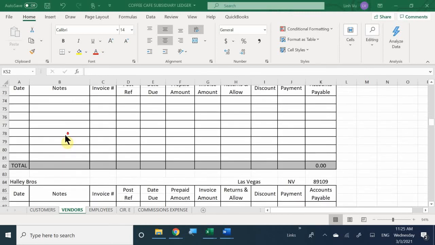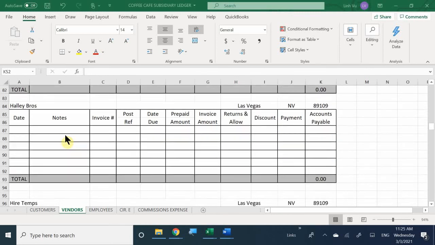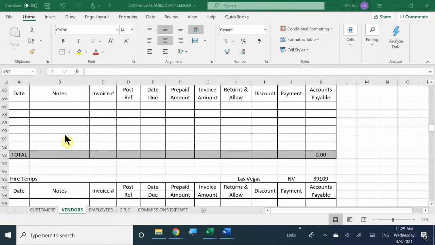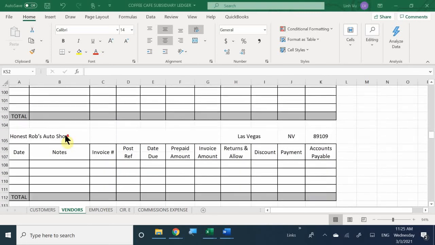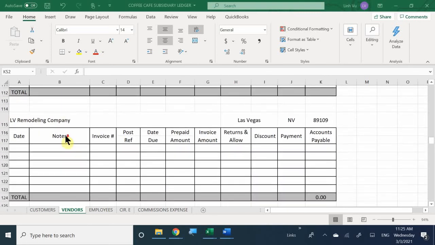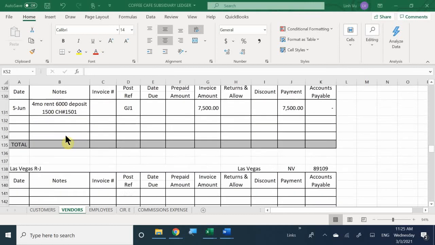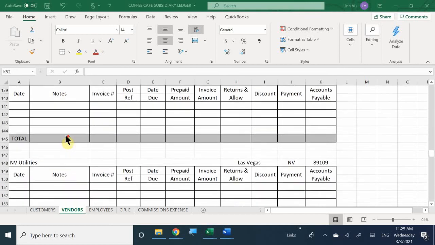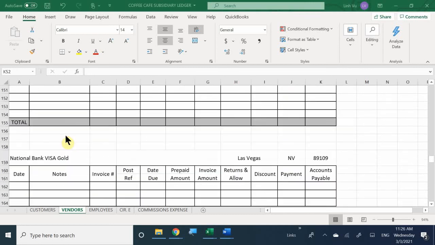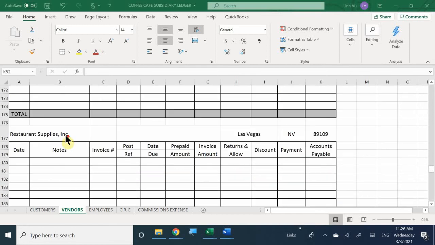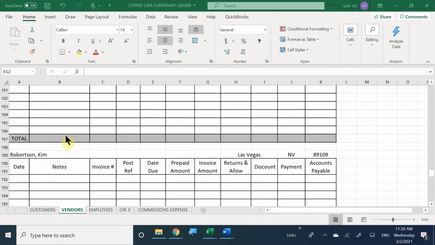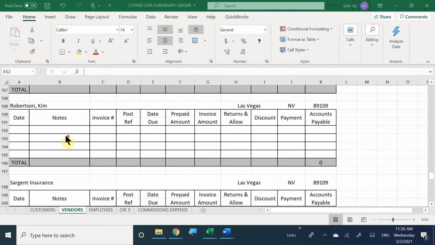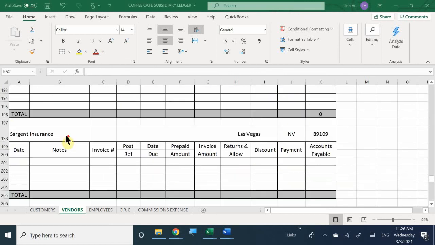They are a vendor. So again, your vendors should be in alphabetical order. So we got Higher Temps. We have all these people. LV Remodeling. Landlords Properties. Las Vegas RG. Keep scrolling down until PQRS. So here we are. Sergeant Insurance Company. All right.